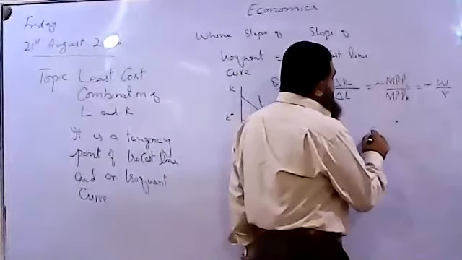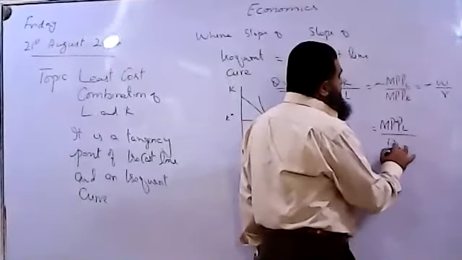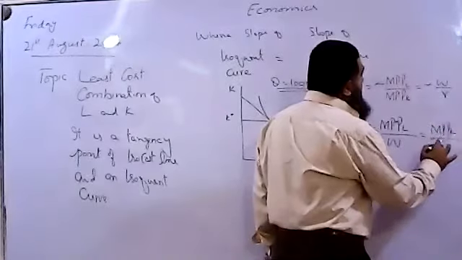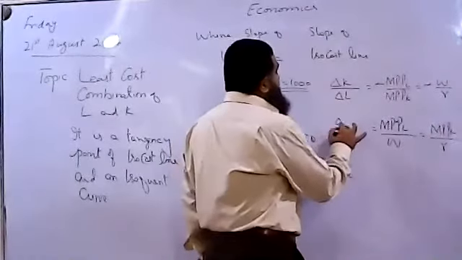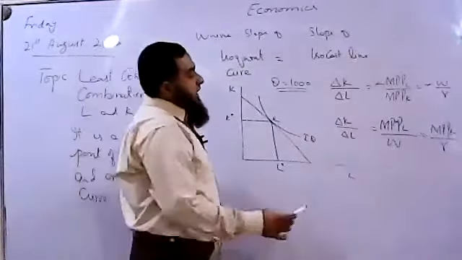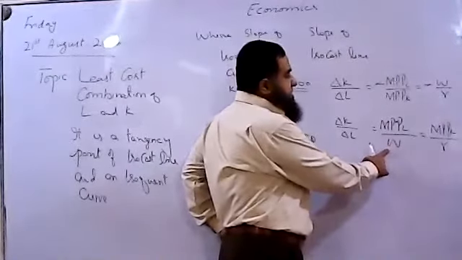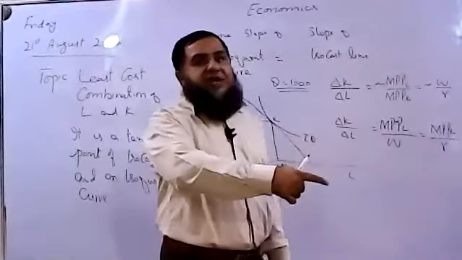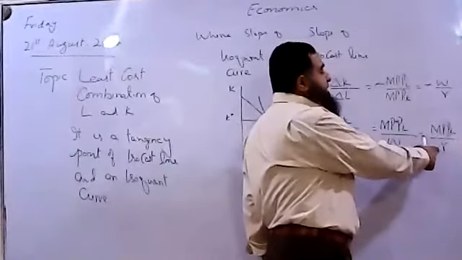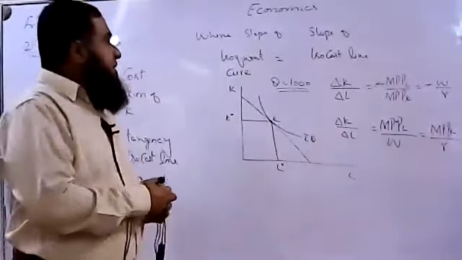Can I write it in this way? Marginal physical product of labor over wages should equal marginal physical product of capital over rate of interest. Can I say each dollar spent on labor in the form of wages will give the equal marginal physical product to the producer as the same dollar spent on capital? That will also have the same marginal physical product of capital.